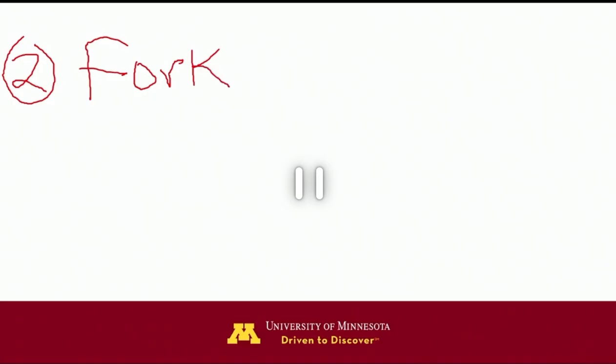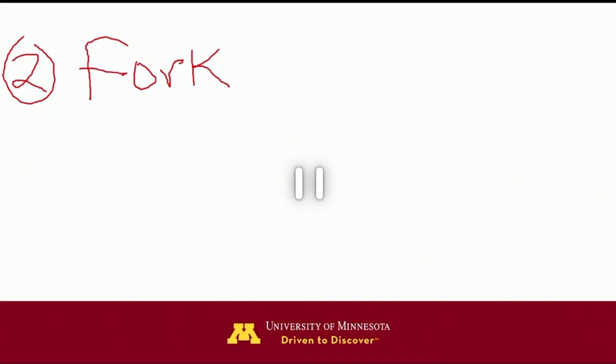Thank you so much. Another example is fork. Why do I say fork? When you take a look at the fork that you use to eat food, it has multiple prongs, if you look at the head of that.